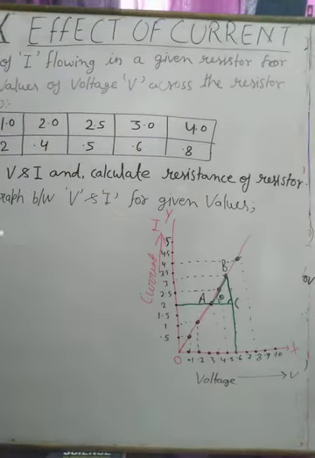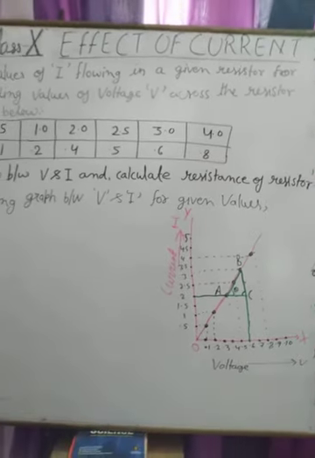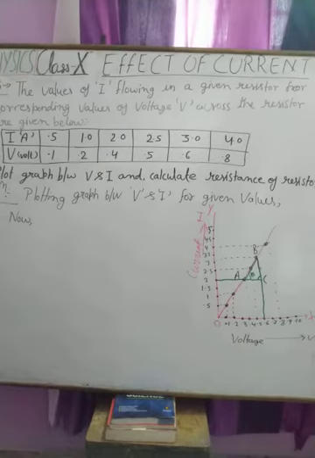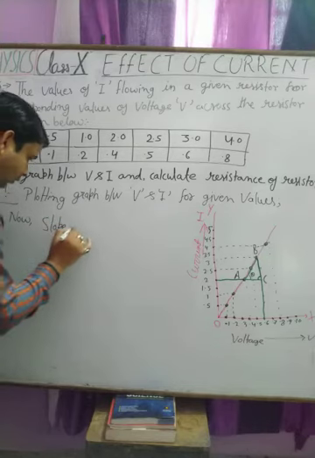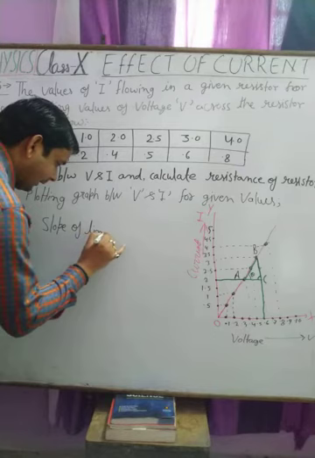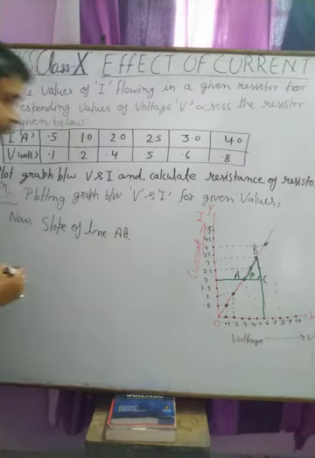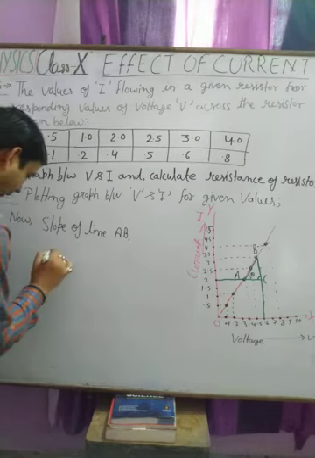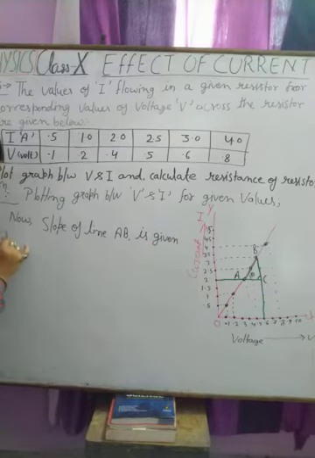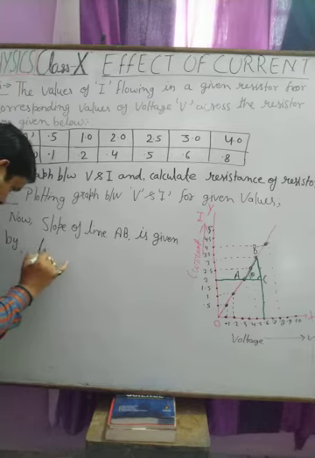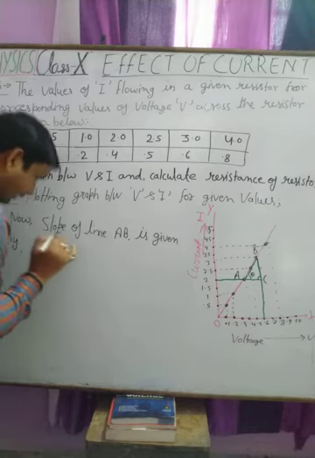Now, the slope of line AB is given by tan theta.